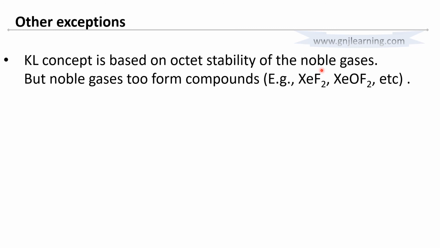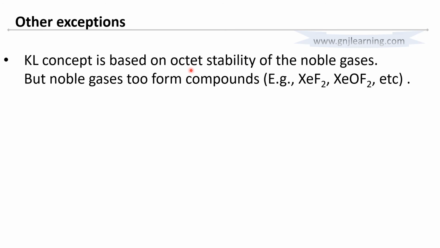But later they found that noble gases react and form compounds like xenon difluoride, xenon oxofluorides. So these types of compounds are formed, which again contradicts the stability proposed by the octet rule.